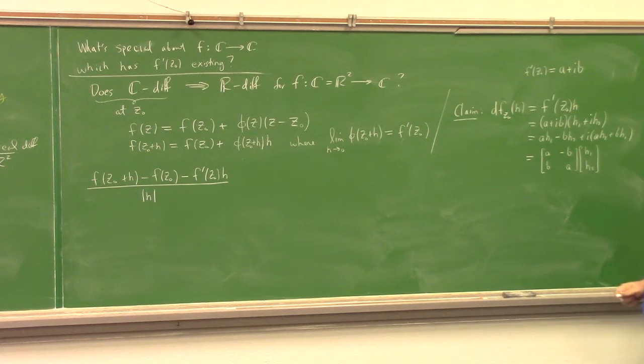Here I'm using our notation in the complex plane, the column vector h1, h2, which we also write as the pair h1 comma h2, which we also write as h1 plus ih2. But we have to look at it as a column vector if we're going to express it as a matrix multiplication. You remember from linear algebra, once you can write the formula as a matrix multiplication times a column vector, it follows it's a linear map.